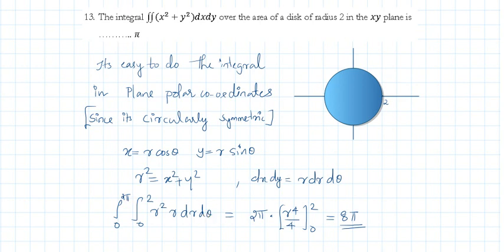Integral d theta from 0 to 2 pi, you will get 2 pi. Integral r cube dr from 0 to 2, you will get r raised to 4 by 4, from 0 to 2. So the answer is 2 raised to 4, 16 by 4 it is 4, 4 into 2 pi it is 8 pi. It is a very simple question, a question of 1 mark, numerical part. The answer is 8 pi. The idea is to convert this Cartesian form to plane polar form. Otherwise it will be difficult.